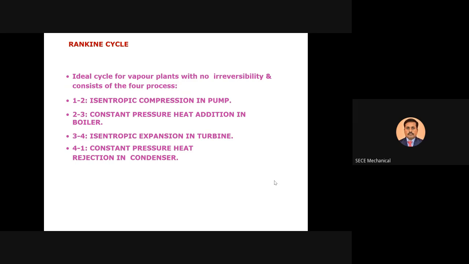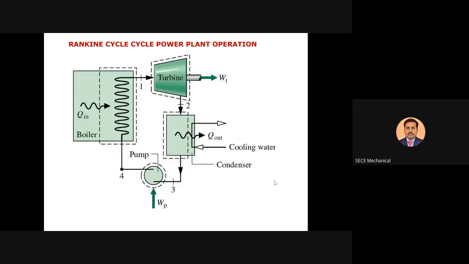And you know the Rankine cycle normally consists of four processes. That is also you have to explain. So what are the different processes in the Rankine cycle? Rankine cycle is normally used in a steam power plant or coal-based thermal power plant. How the power is produced with the Rankine cycle: with the help of the boiler unit, we can generate the steam.